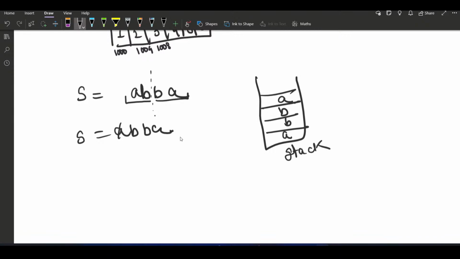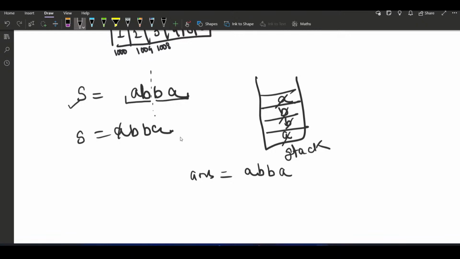Now when we pop from this data structure and append to a new string, let's consider it answer, we'll be popping from the top position. So a will be popped and appended to this. Now b is popped and appended to the back of this string. Now this b is also popped and appended to the back. Now a will be popped and this answer will be a b b a, which is clearly equal to the s string that we considered initially.